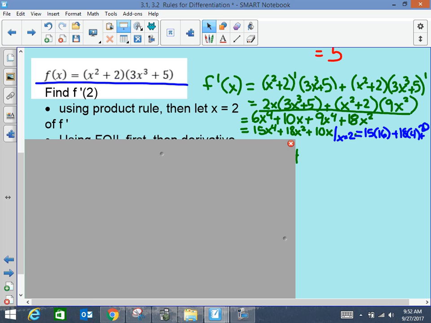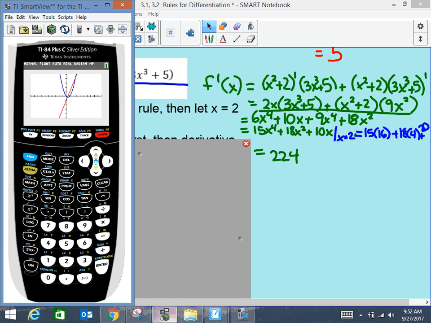Now, if you are really not trusting Lauren, or not trusting yourself, tell me how I do this on the calculator. Math 8.